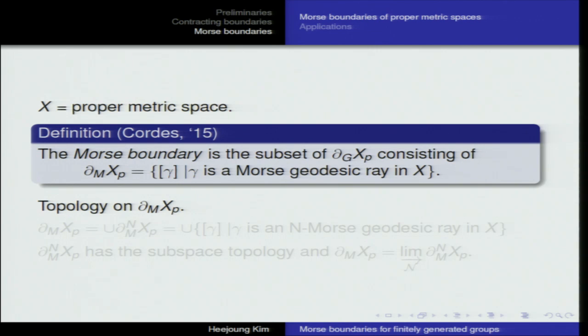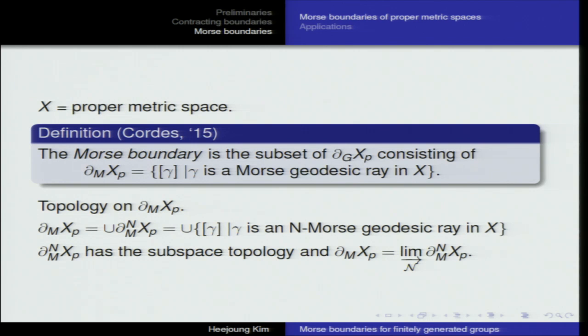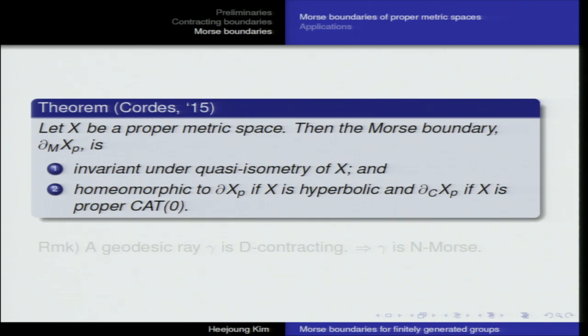Then it has the following topology. First of all, the Morse boundary can be viewed as the union of the following sets, and for each set it has the subspace topology of the Gromov boundary, and we take the direct limit for the Morse boundary.